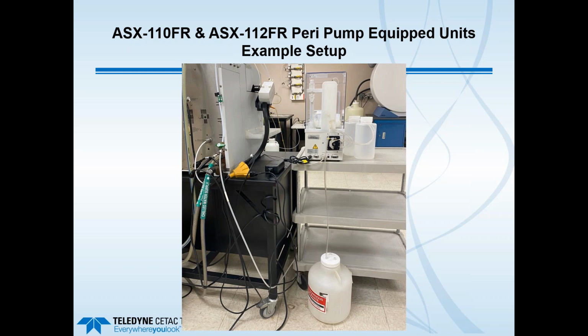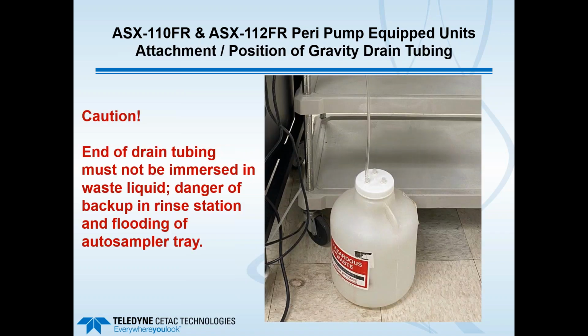What I do want to point out, which is very important, is the end of the drain tubing should not be immersed in the waste liquid. In this case, the end of the tubing is actually attached to the fitting in the lid. If it does get immersed in the waste liquid as it builds up, there is always the danger of backup in the rinse station and potential flooding of the Autosampler tray.